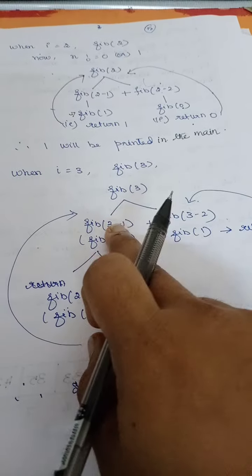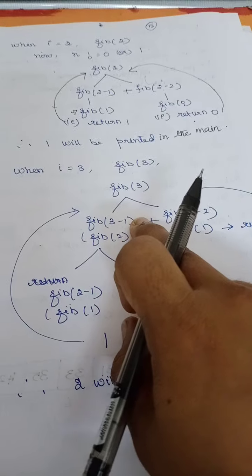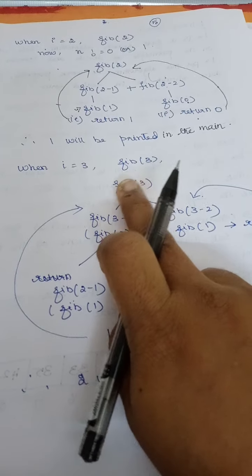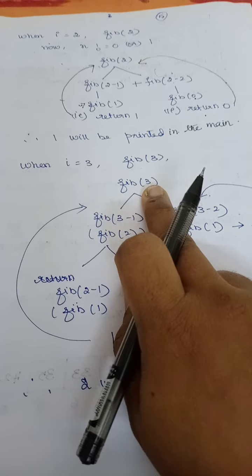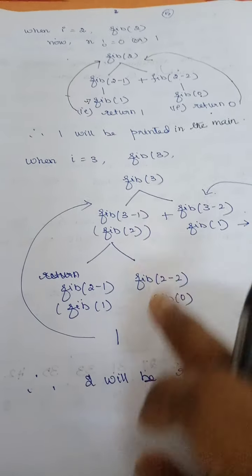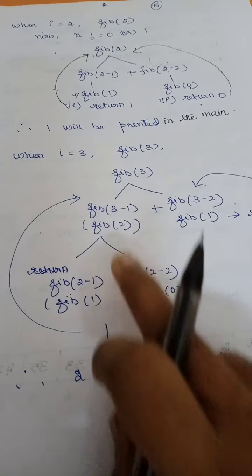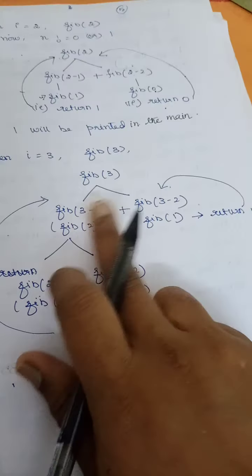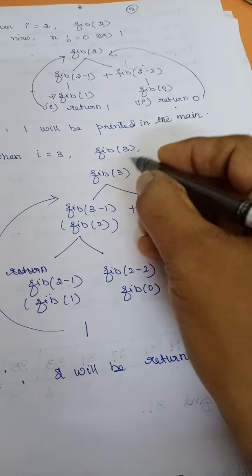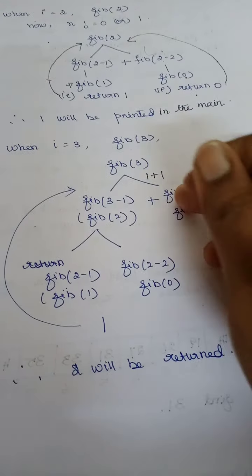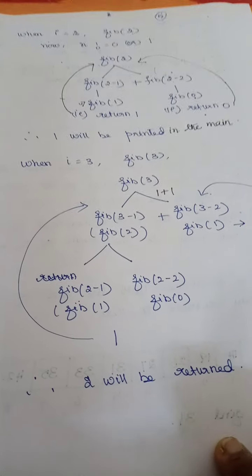I will add these two values and this value will again go to my caller. Here the caller is nothing but fib of 3. So what is the value I will have? 1 plus 0, 1. So here I will have 1. 1 plus 1 here is going to be 2. So the 2 will be returned to your main program.